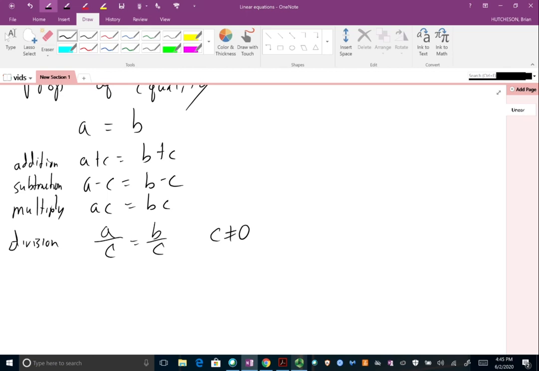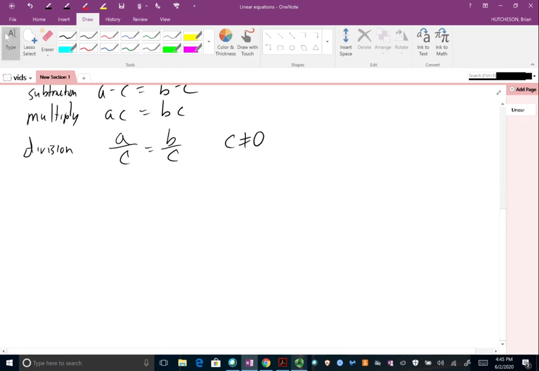So these are some of our necessary rules in order to solve. When we really start out, we usually see problems like 2x plus 3 is equal to 9. And the directions are going to say solve for x.